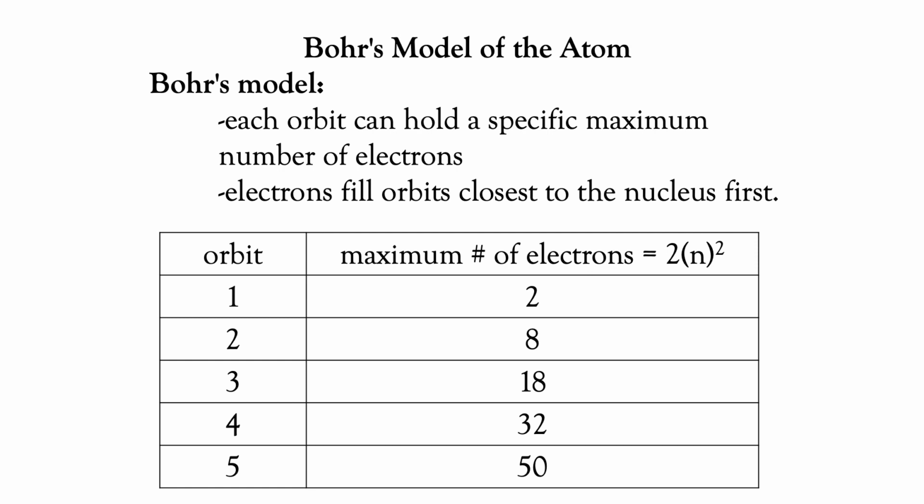Following the formula for the maximum number of electrons, which is 2n squared, where n is your orbit number, for the second orbit the maximum is 8. For the third orbit, the maximum is 18. For the fourth orbit, you have 32. For the fifth orbit, you have 50.